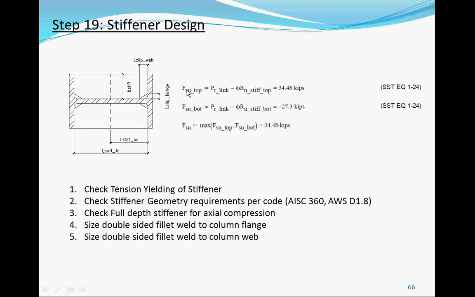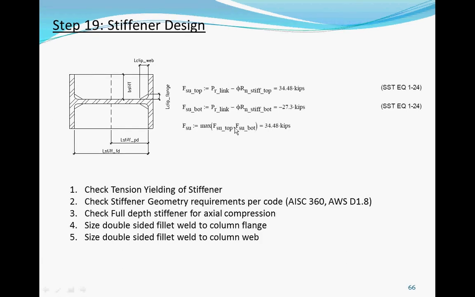We have at the top, at the bottom, you're taking the maximum of these two forces. So here we actually have a force difference of positive. Here we have a force difference of negative. The PR is the same, which means we need a stiffener on the top. We don't need a stiffener on the bottom. So we need a stiffener on the top only.